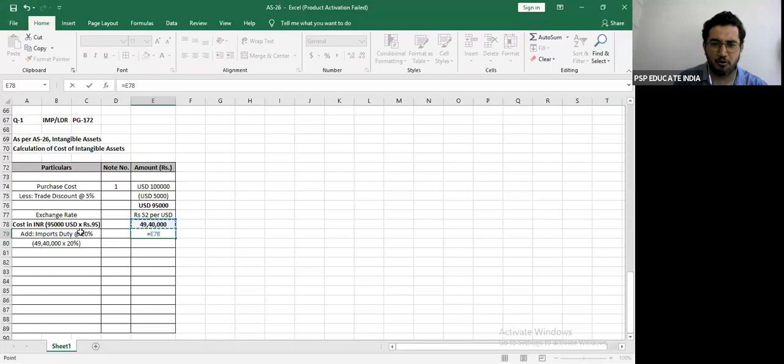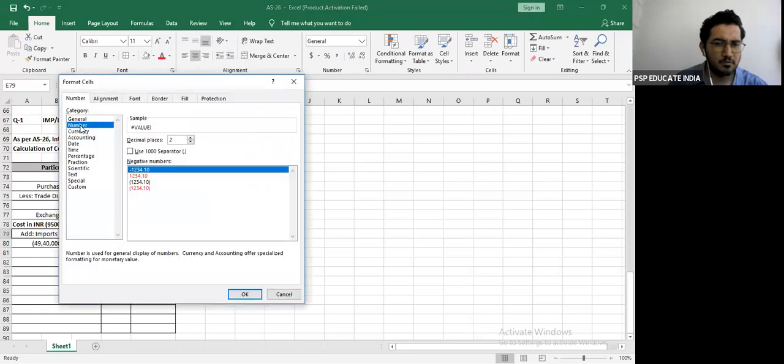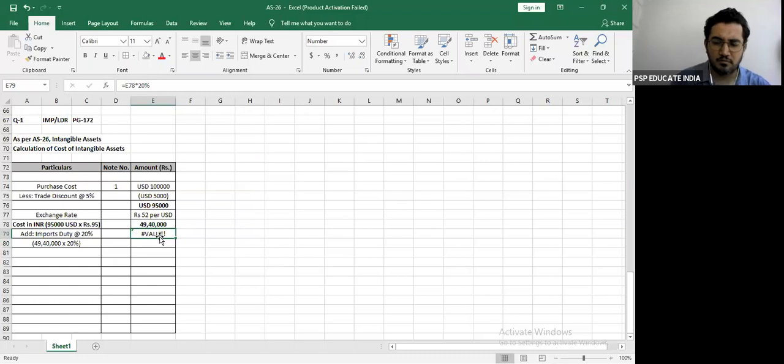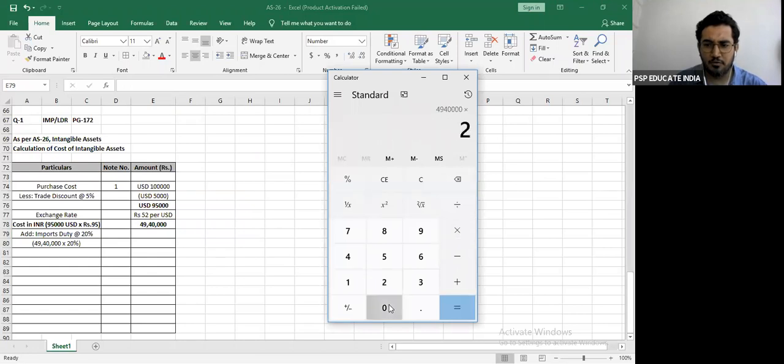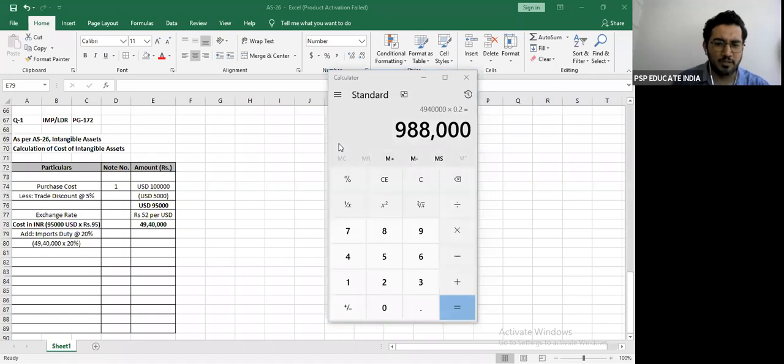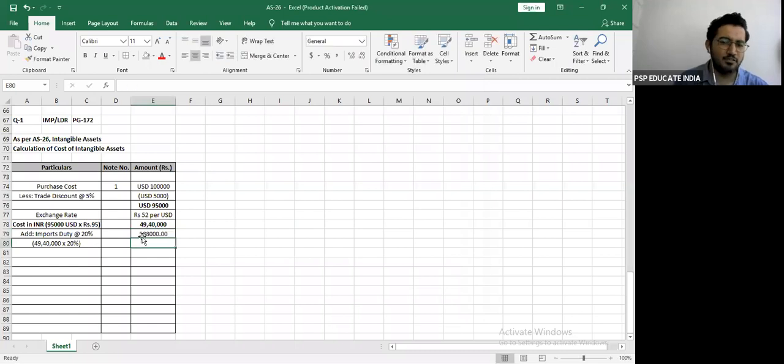This will be 49 lakh 40,000 into 20%. Let's calculate that. 9 lakh 88,000. So put over there 9 lakh 88,000.